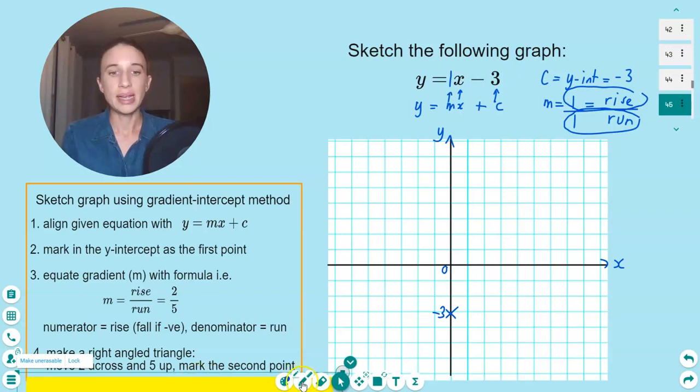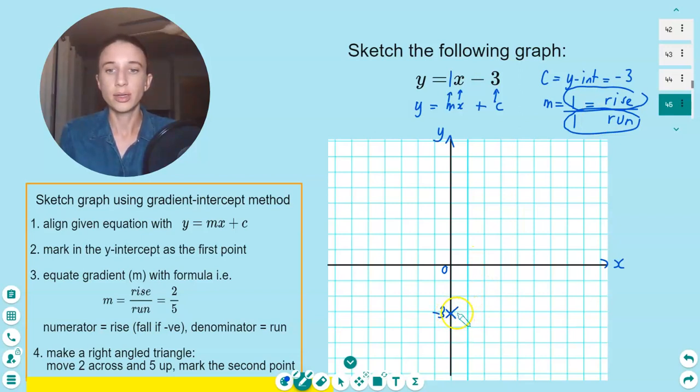So we're going to make a right-angled triangle. This is just an example, so don't get too caught up with it. We start at the y-intercept point, and we make a right-angled triangle. I'm going to choose to run 1 unit first.